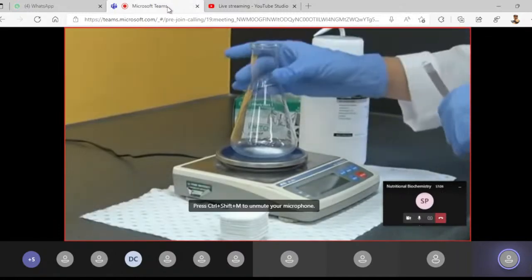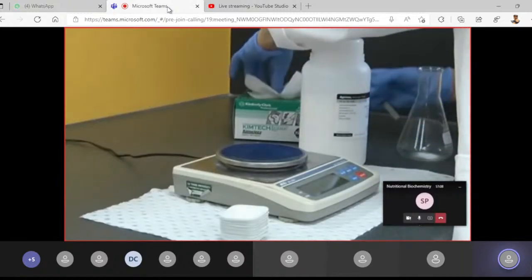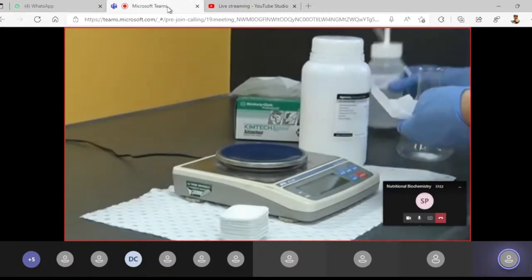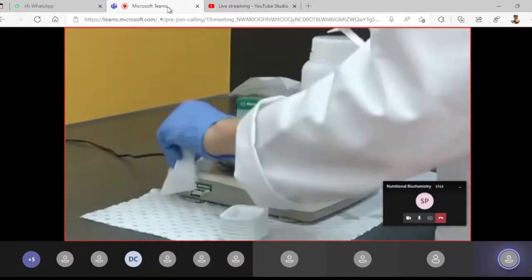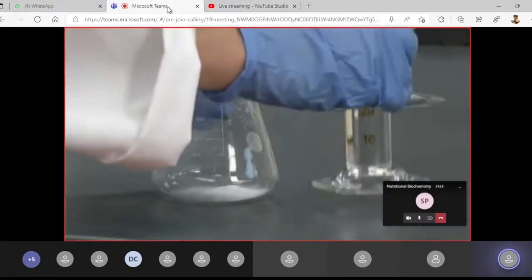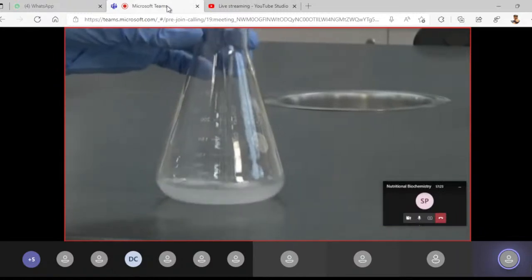After you finish weighing chemicals at the balance, please ensure that you clean up. Wipe the balance and the surrounding area with a damp tissue. Add the appropriate volume of running buffer to the agarose in the conical flask, in this case 60 ml.